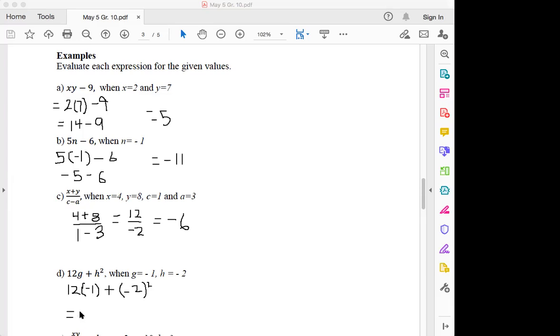So we're going to have 12 times negative 1 plus, so negative 2 squared is positive 4. And then you're going to do 12 times negative 1, which is negative 12, plus 4. So negative 12 plus 4 gives us negative 8.